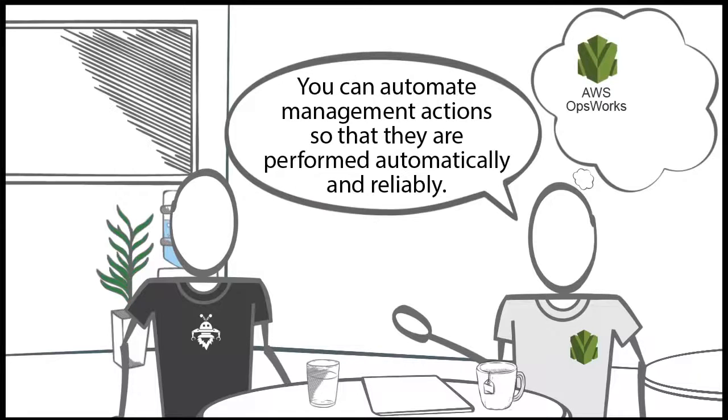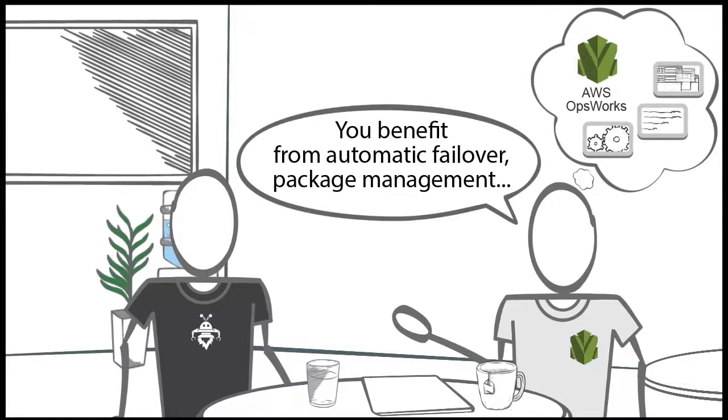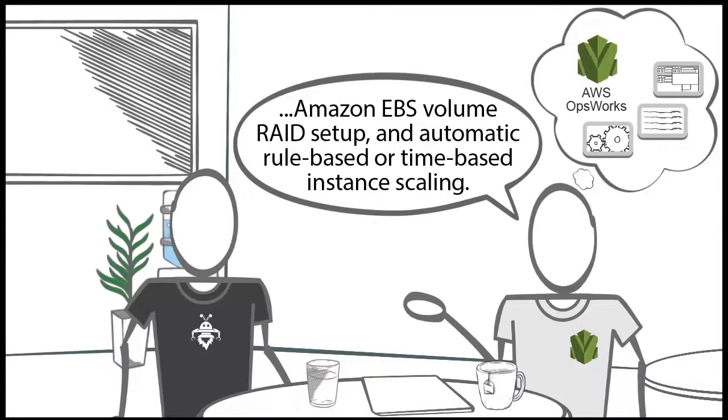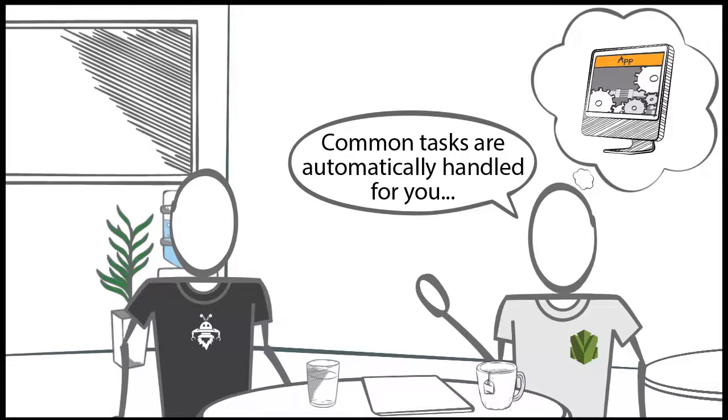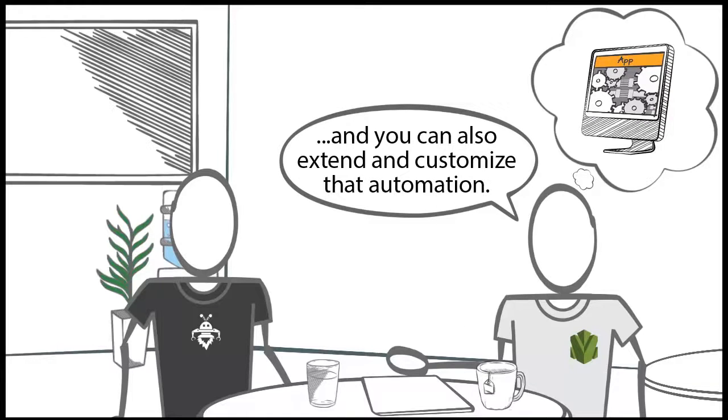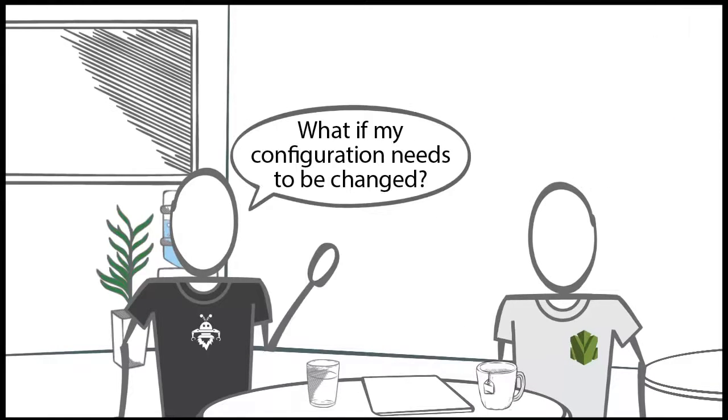You can automate management actions so that they are performed automatically and reliably. You benefit from automatic failover, package management, Amazon EBS volume RAID setup, and automatic rule-based or time-based instance scaling. Common tasks are automatically handled for you, and you can also extend and customize that automation. What if my configuration needs to be changed?